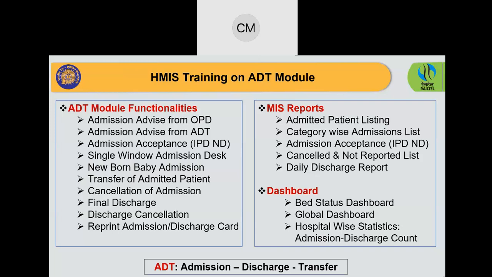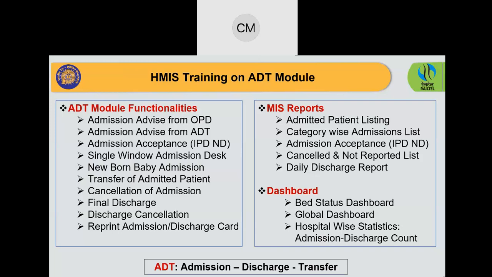And we have various MIS reports available in the module, like admitted patient listing, category-wise admissions, the admission accepted cases, the cancelled or not reported list, daily discharge report. So all such reports are available. Apart from those standard reports, we also have the dashboard, which will show at a glance the bed occupancy position or vacancy position.